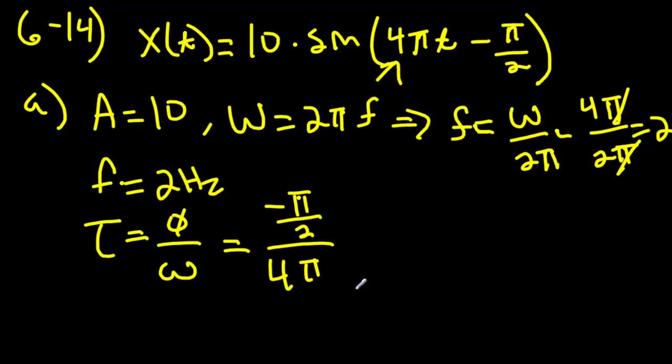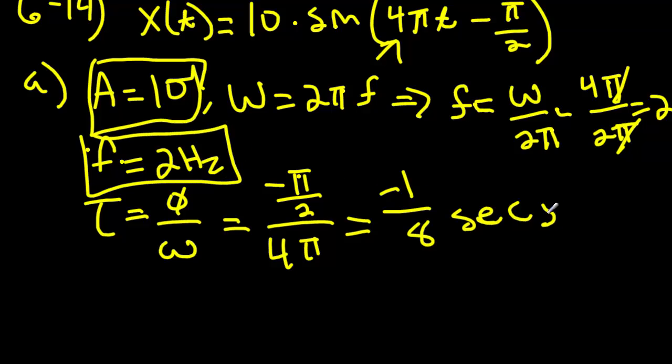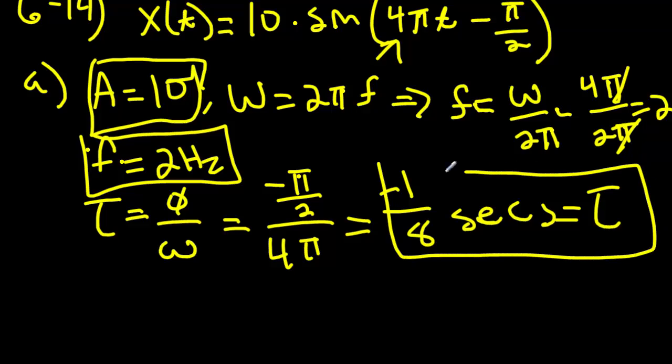So now this is equal to negative 1 over 8 seconds. So we were able to find our amplitude, our frequency, and this is tau, our time shift. And that's all part A asks us.